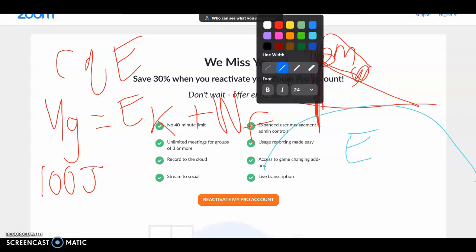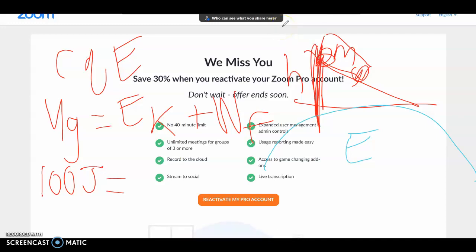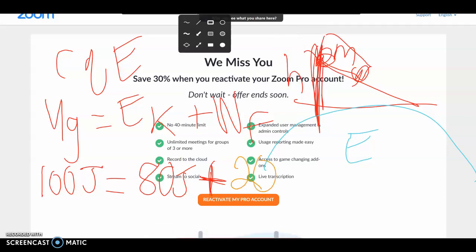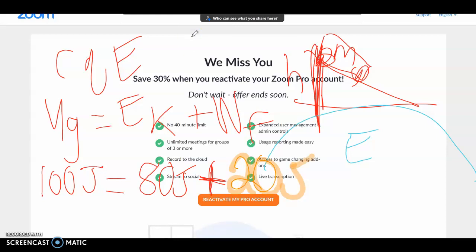So if that equaled 100 joules, then let's say I only got 80 when I measured my velocity, I only got 80 joules worth of energy stored in motion, then that would make it easy for me to say, hey, must be 20 joules, right? 20 joules of work done by friction.